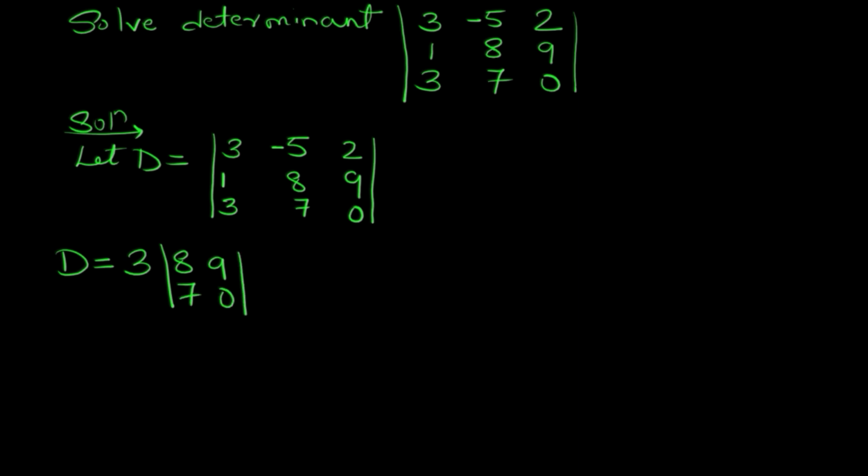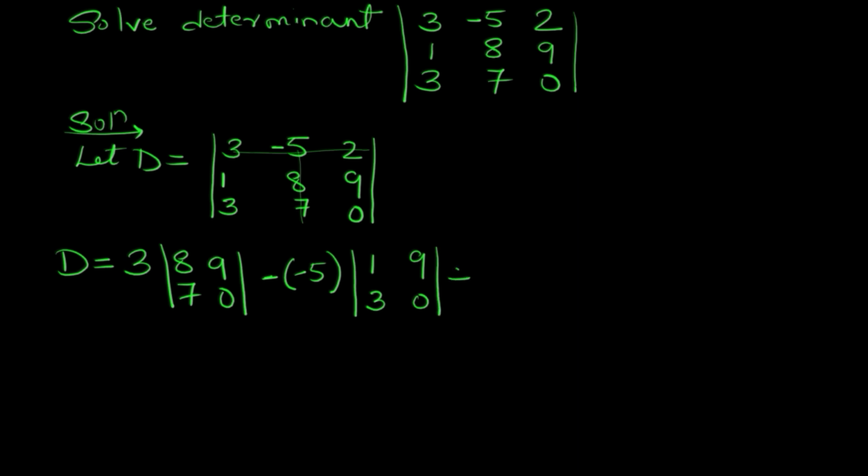Here we hide the first row and first column, so 8 9, 7 0 is left. Similarly, in the second term we write minus, and here it is minus 5, so we write minus 5 as it is. Now for the determinant, hiding the first row and second column, we have left 1 9, 3 0.